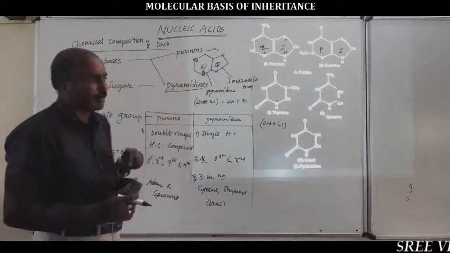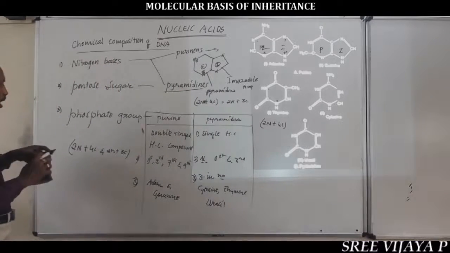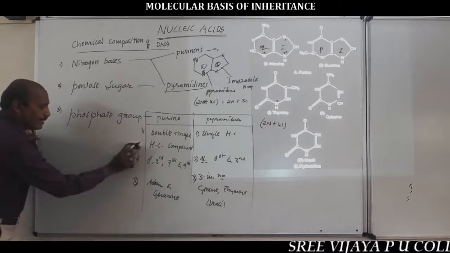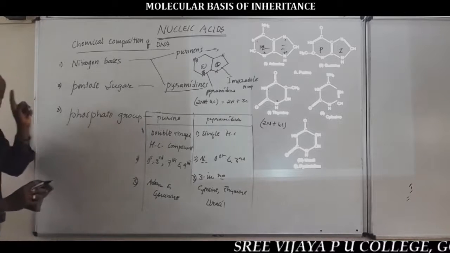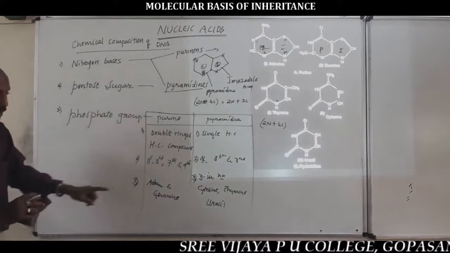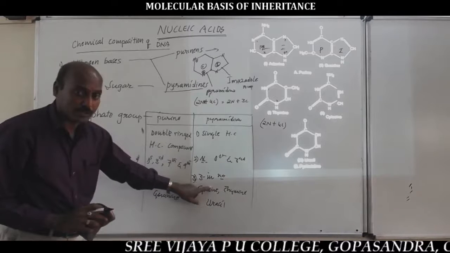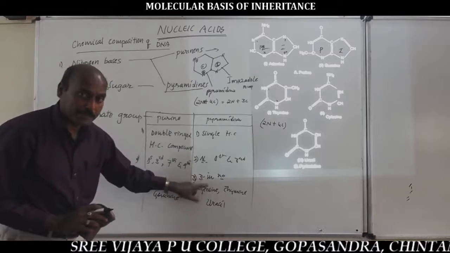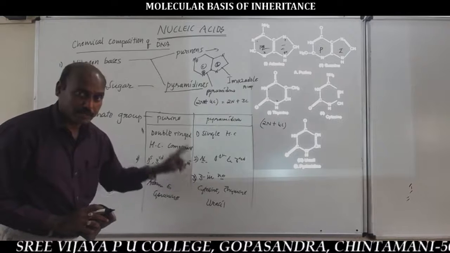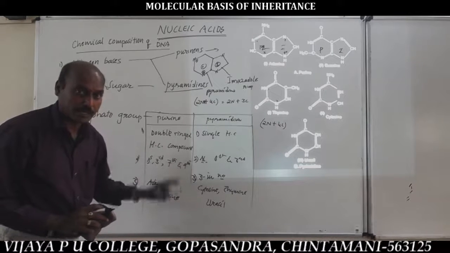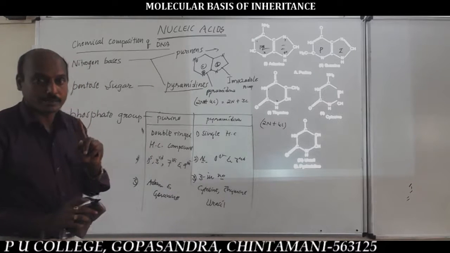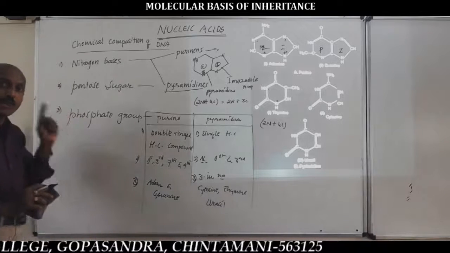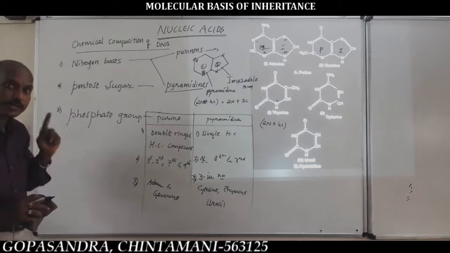Either of the nucleic acids lacks one of the pyrimidine bases. That's why each and every nucleic acid has 4 nitrogen bases.